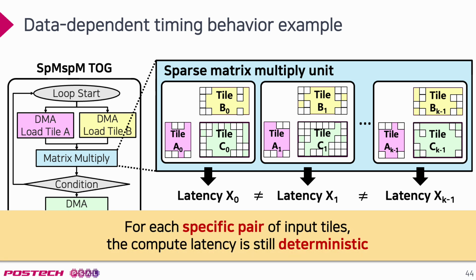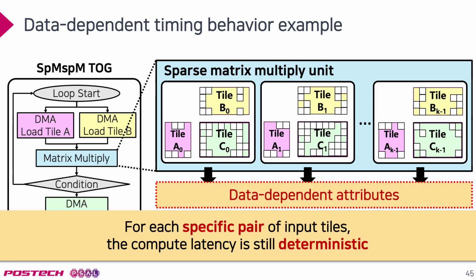So although we don't have a single global latency for all the latencies for different tiles, we can still obtain all these latencies offline, and they will be deterministic for that specific pair of input tiles. So we exploit this fact to speed up simulation, even if there is data-dependent timing behavior. We refer to these as data-dependent attributes.